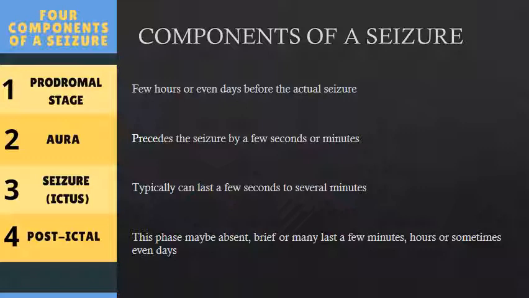Third is the seizure itself, which typically can last a few seconds to several minutes. And finally is the post-ictal or post-seizure phase. This phase may be absent, brief, lasting a few minutes, and in some patients even hours or days.